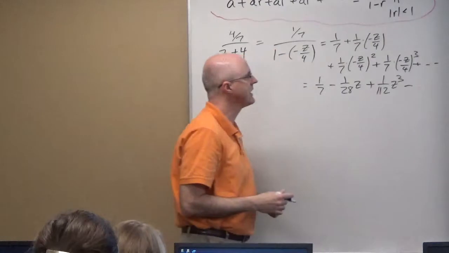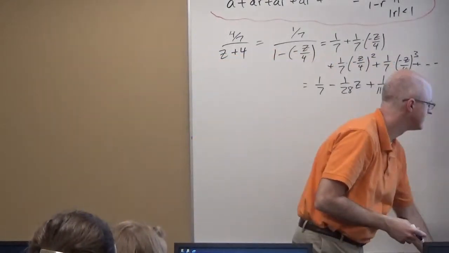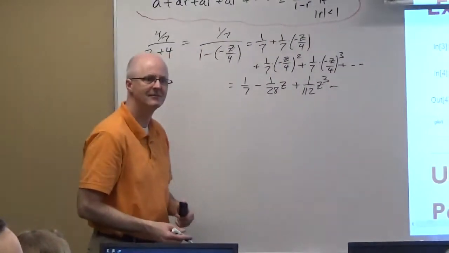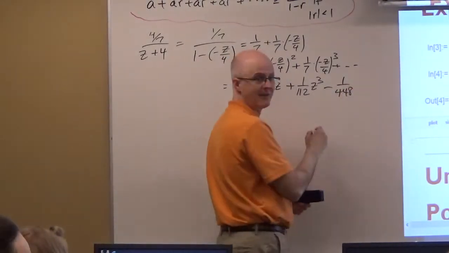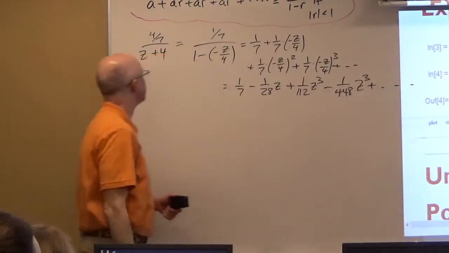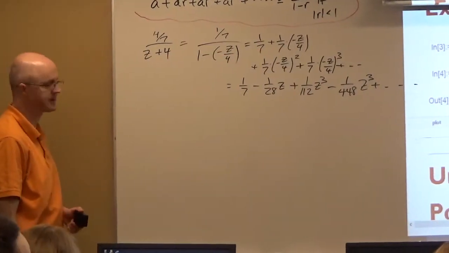Somebody tell me 4 cubed times 7. 448. Is that right? Okay. Etc. There we go. There's the Taylor series expansion for this function about z equals 0.